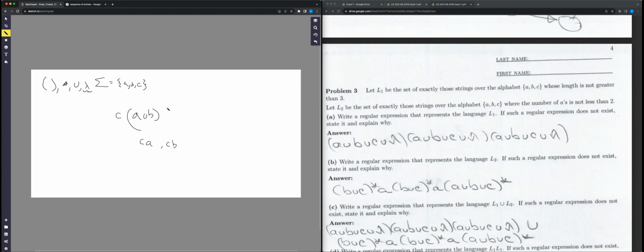And then star, right? So we know that star represents 0 to infinity. This represents repeating the instructions as many times as necessary or as many times as possible.